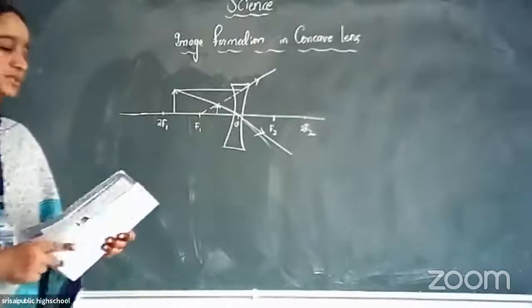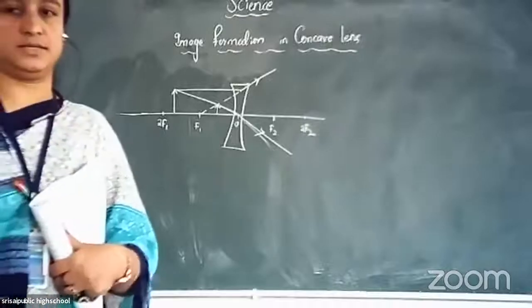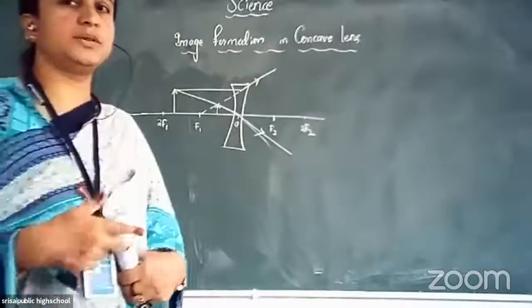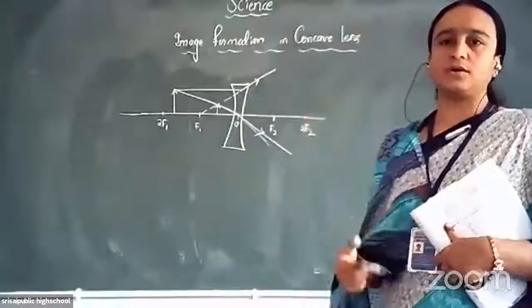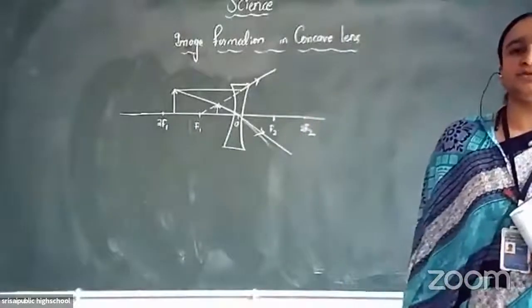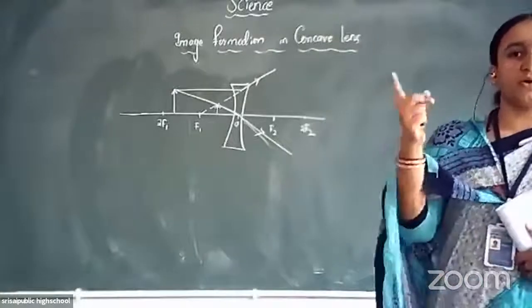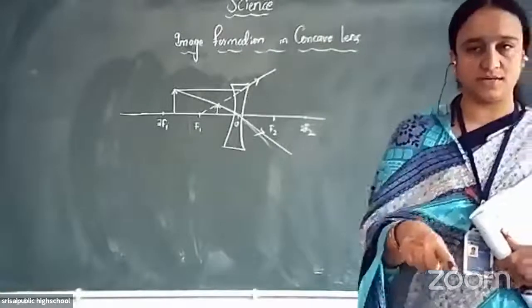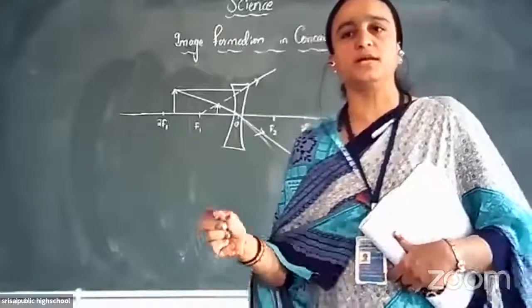So if it is clear, let us go to the next thing. That is sign convention of the spherical lenses. Have you heard the word sign convention in the previous classes also? Just recall. Not lenses, but you have learned about the mirrors. Sign convention of the spherical mirrors you have learned.